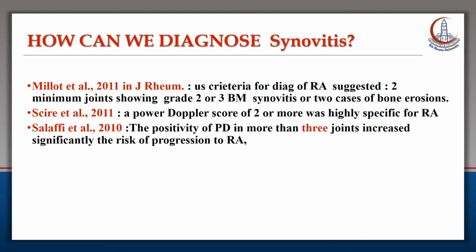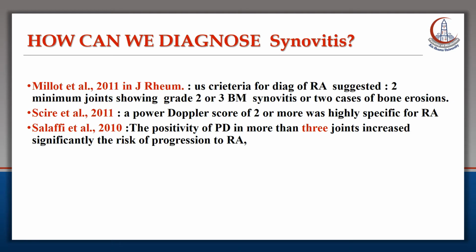Now, how can we diagnose pathologic synovitis, especially rheumatoid arthritis? Minute et al. in 2011 stated that ultrasound criteria for diagnosis of rheumatoid arthritis suggested at least 2 joints showing at least grade 2 or 3 B-mode synovitis or 2 cases of bone erosion. Now, forget about bone erosion. While Sincere et al. in 2011 stated that a power Doppler score of 2 or more was highly specific for rheumatoid arthritis.